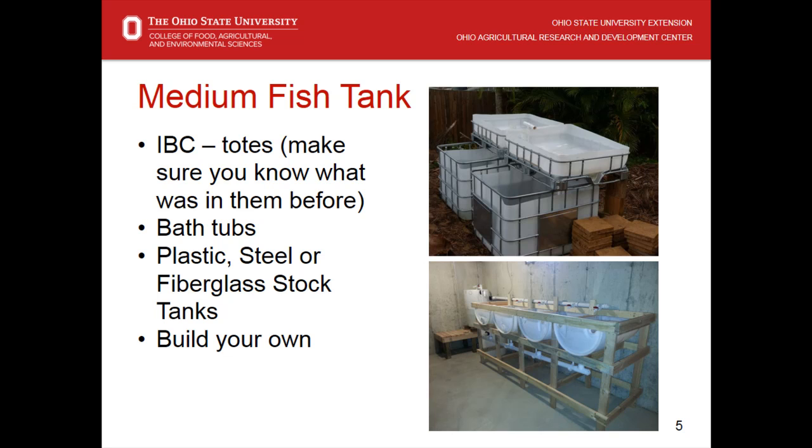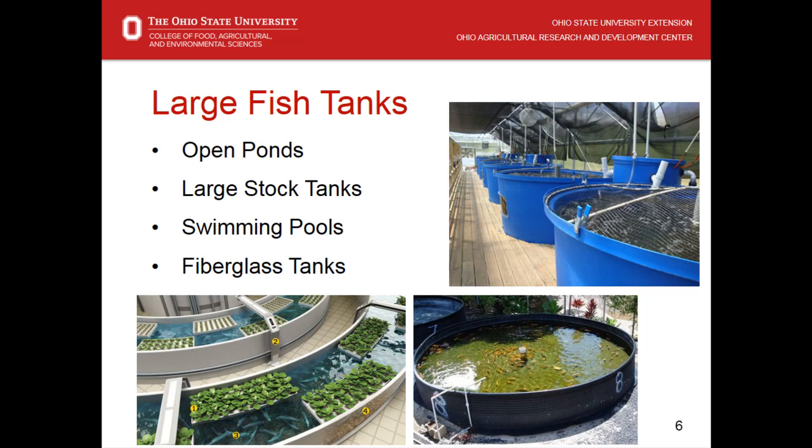So, on to large fish tanks. This is probably a little more advanced than what most of you are on, but if you're at this level, that's fine. An open pond, large stock tanks. Jenny and Doug, you don't have large stock tanks, do you? No? Okay, so you don't even need those, and they're doing just fine.